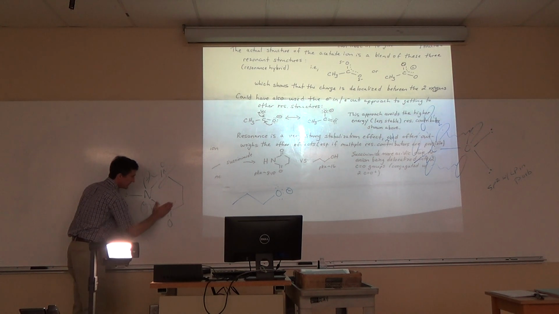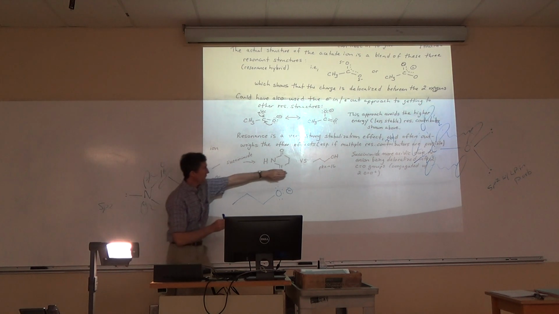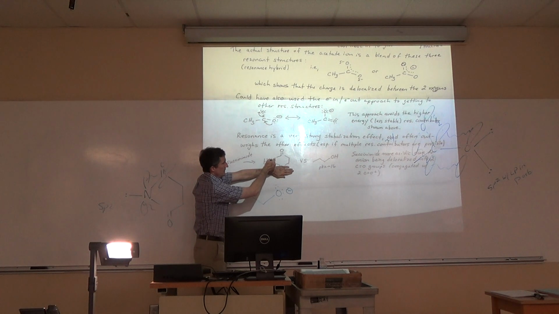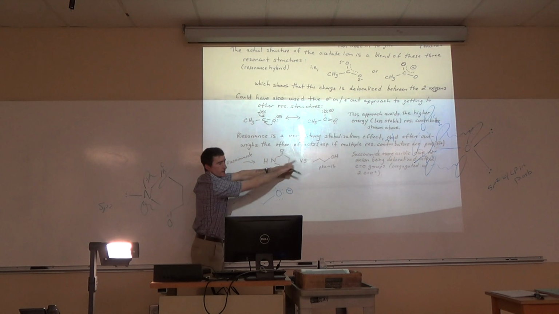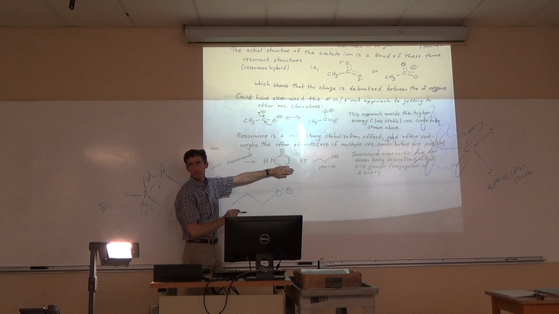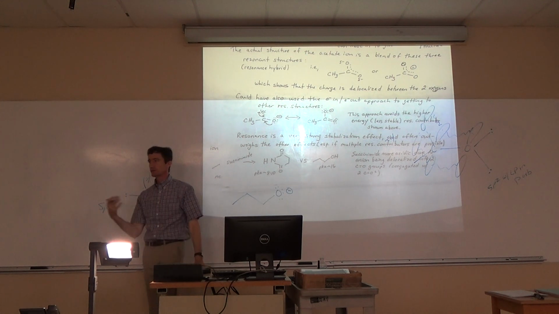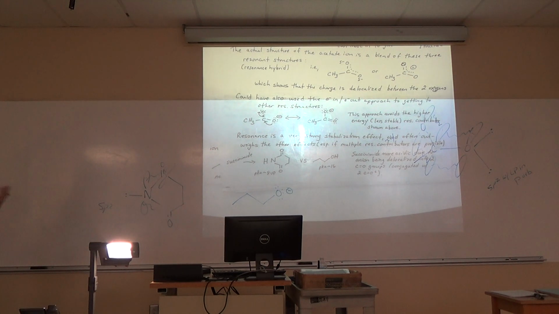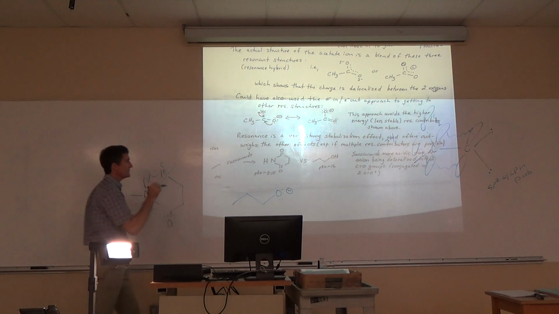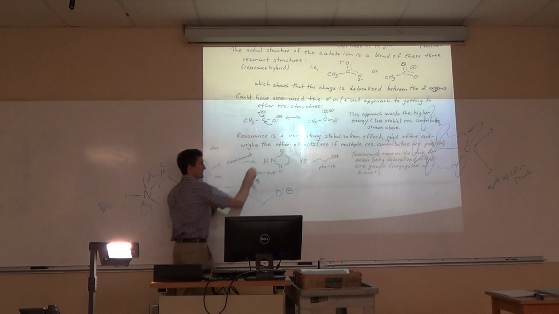If there wasn't a p orbital here, if we get rid of that, you would have resonance, but it wouldn't be as acidic as that. Now, you wouldn't be able to tell that because I could give you apples and oranges. It's mainly because it's doubly resonance stabilized.